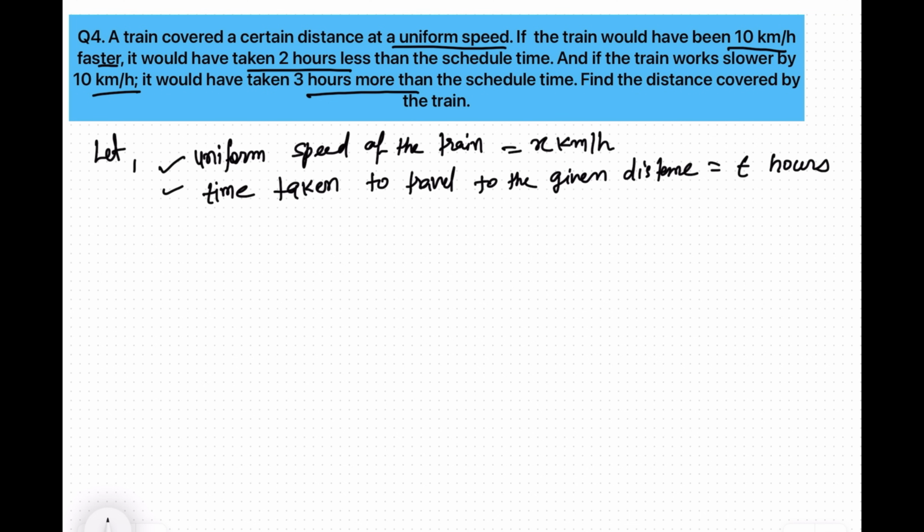So the speed and time, so what will be the distance? The formula for distance is speed times time. So we can say the distance is x times t.